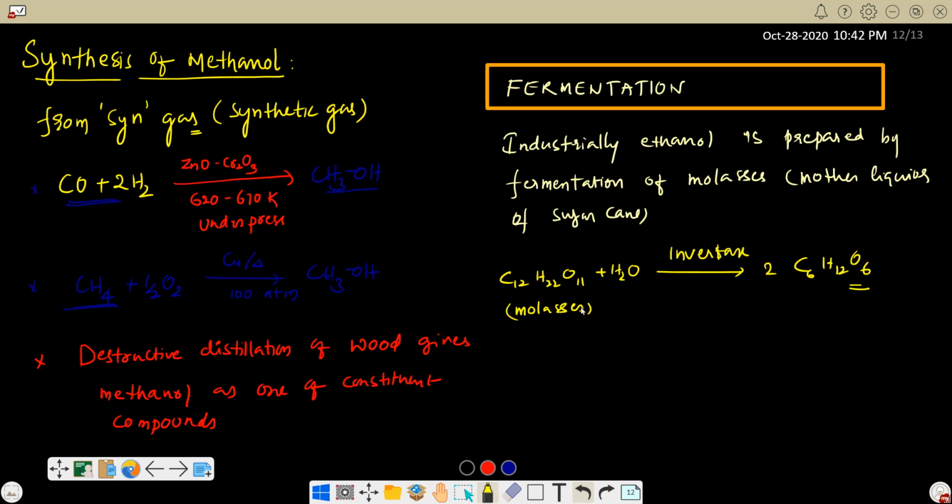Now this contains maltose, C6H12O6, which undergoes one more step; even maltose, if you take this enzyme, may contain glucose. So this is treated with zymase. You will get 2 moles of C2H5OH plus carbon dioxide. So this is ethanol.